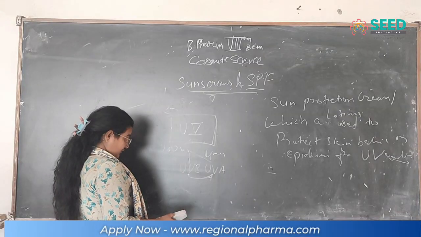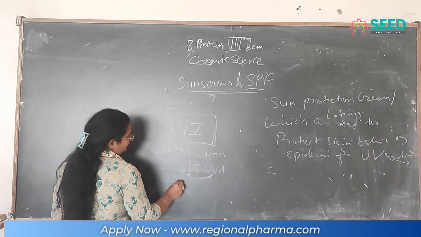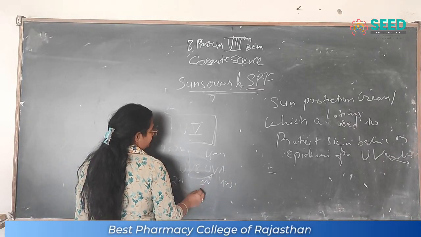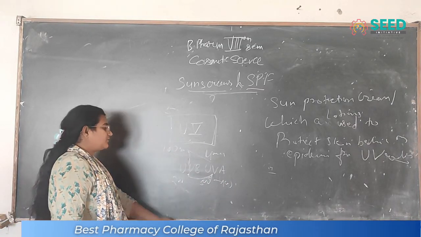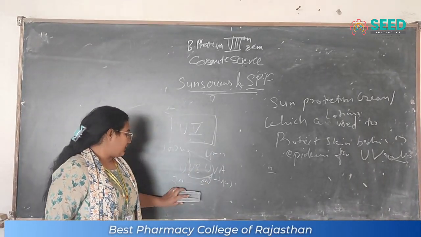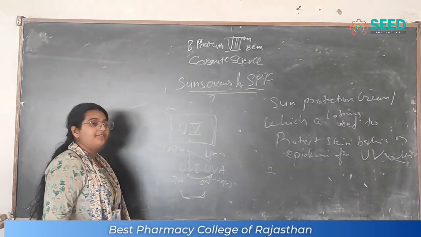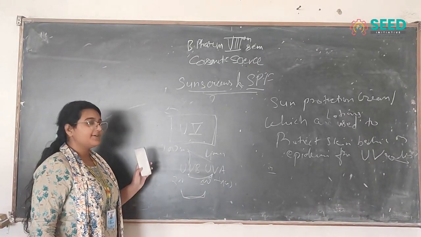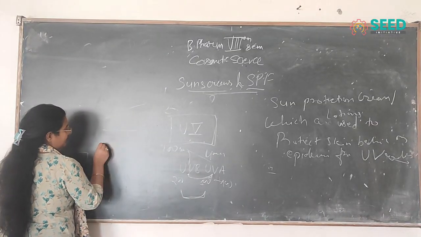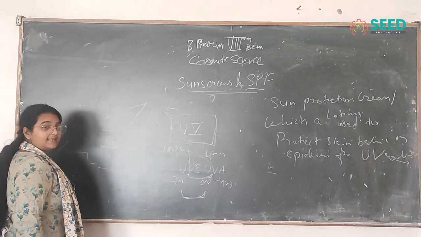Now UVB starts from 200 to 400, somewhere between the 300. So these are the 2 markings from where UVB and UVA wavelength fall down. Now these types of wavelengths are very scattered, and they go deeply into our skin layers.